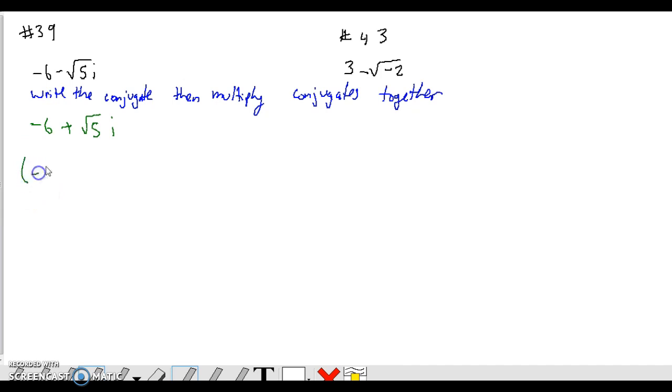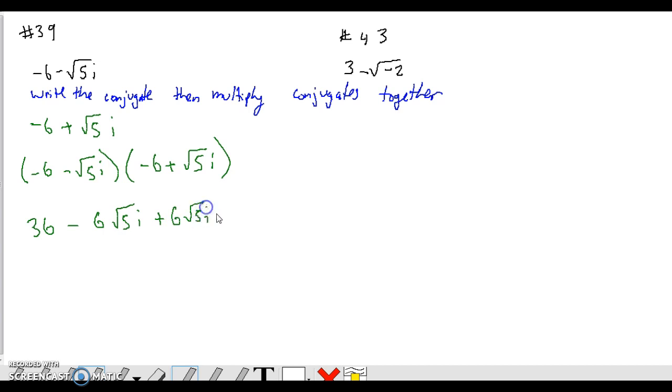So in parentheses, I will put one conjugate and then the other conjugate. Okay, so negative times a negative will turn to a positive 36. This will be minus 6 root 5i. And then, sorry, negative and a positive, 6 root 5i.